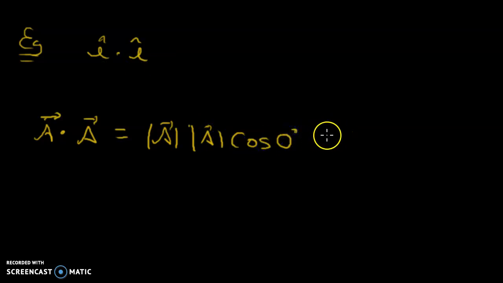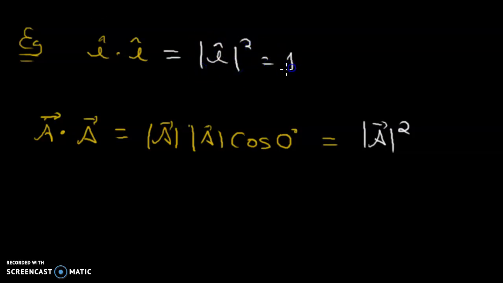If I say the dot product of vector A and vector A, both are the same vector, so it would be magnitude of A, magnitude of A and cos 0. And what is cos 0? 1. Cos 0 is 1, cos 180 is negative 1, so it would be just the magnitude of A squared. So the dot product of i cap with i cap is the magnitude of i cap squared, that is 1.